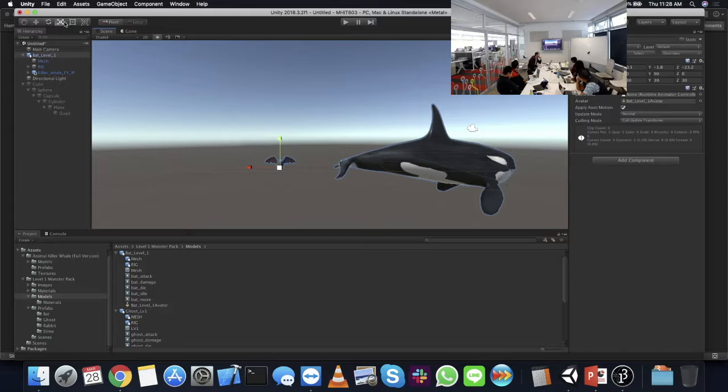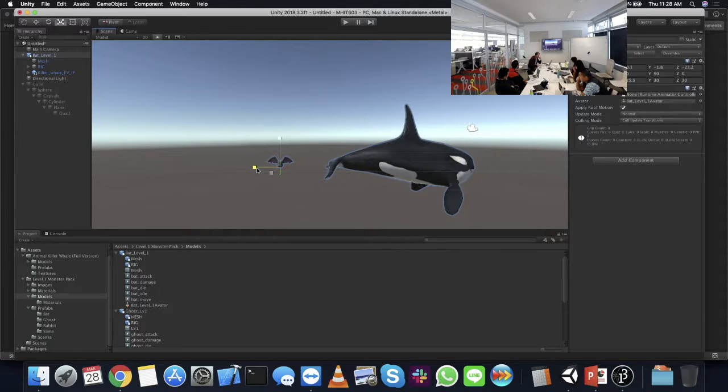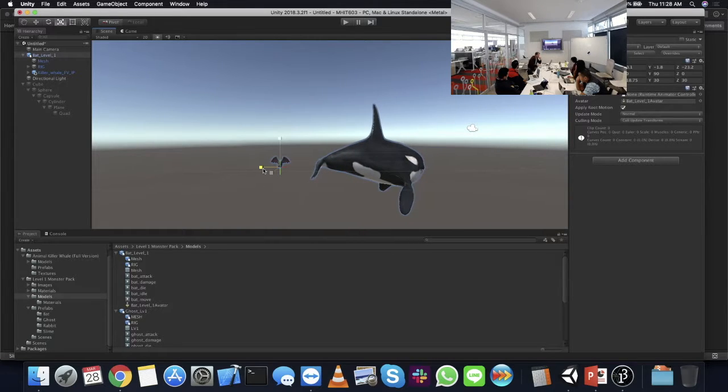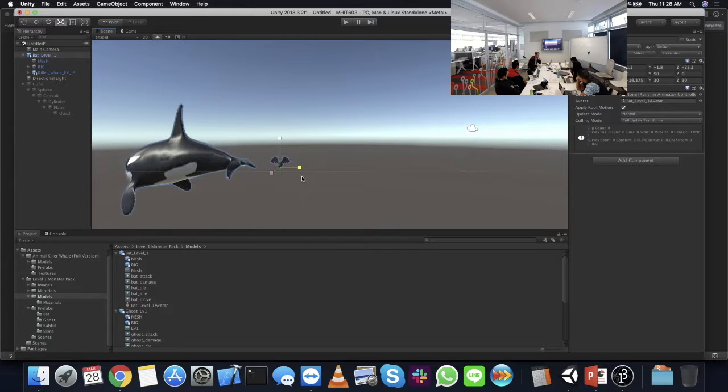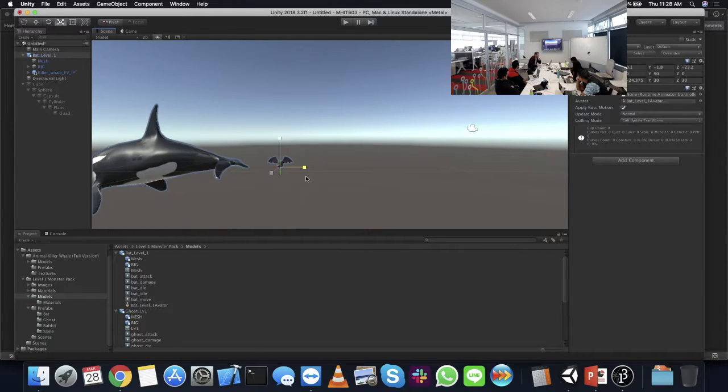If I now scale the bat, we'll notice that the killer whale is shrinking, but it's also moving closer and closer to the bat, just like that box appeared to be doing. And eventually, when we get down to 0, the killer whale will be almost entirely on the bat. And then as we go into the negative values, he's going to appear on the opposite side, mirrored. So this is exactly what we saw in that other demo.